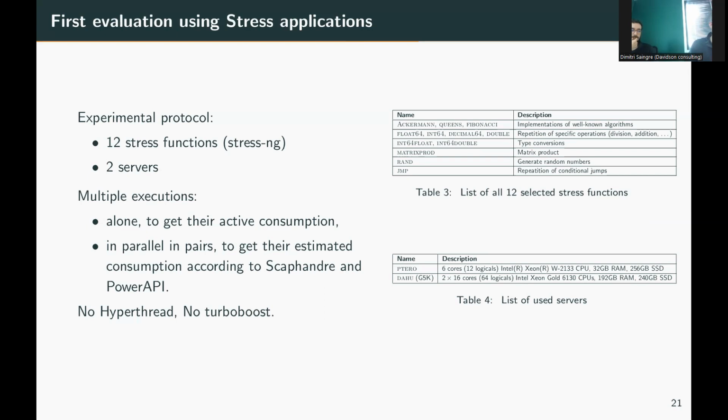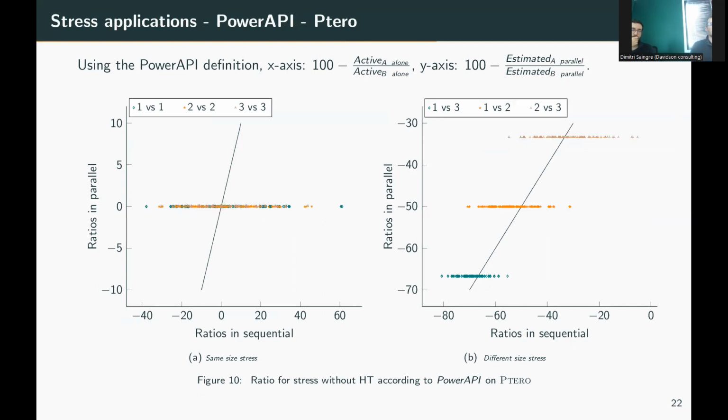In this first evaluation, there is no hyperthreading and no turboboost. The first evaluation we can see here is on the Tero node. It's the small desktop machine we have with an Intel Xeon CPU. On the x-axis, we can see the expected results based on the active consumption of the two applications.